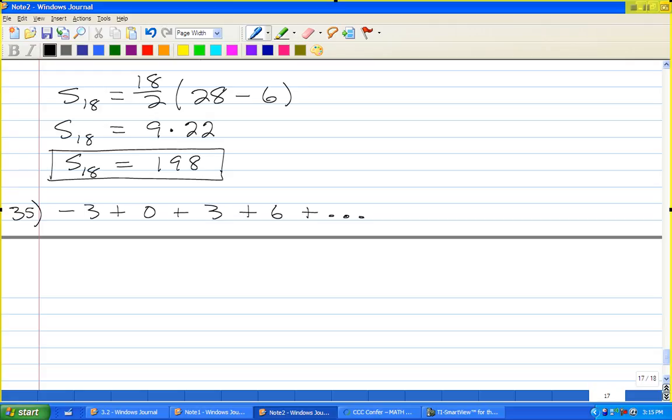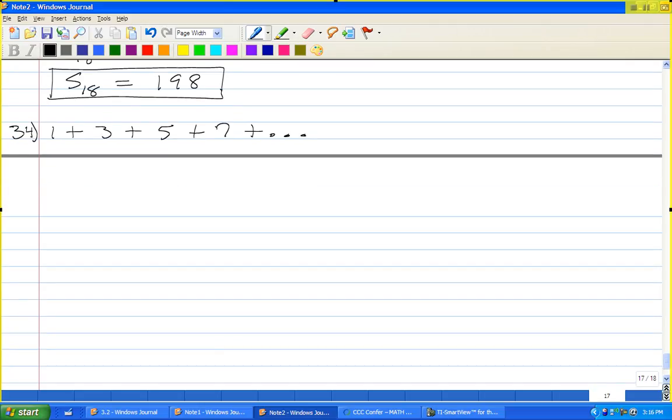Actually, let me do 34. 1, 3, 5, 7. Exercises 34 through 36. Find a formula for the sum of the first n terms of the arithmetic series whose first few terms are given.